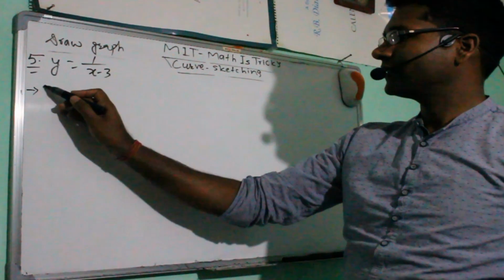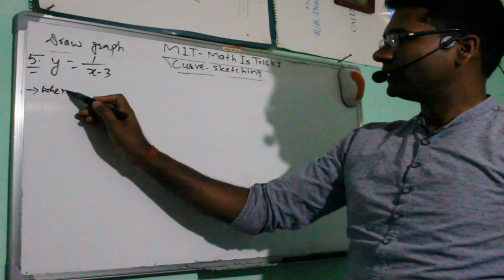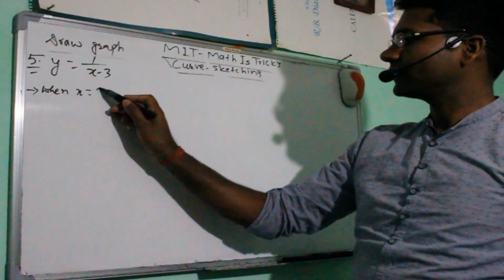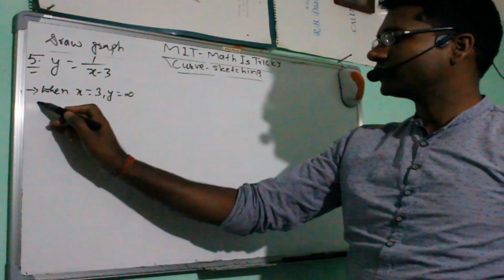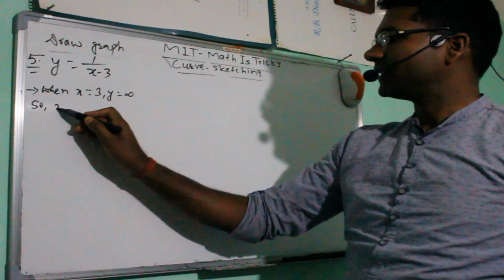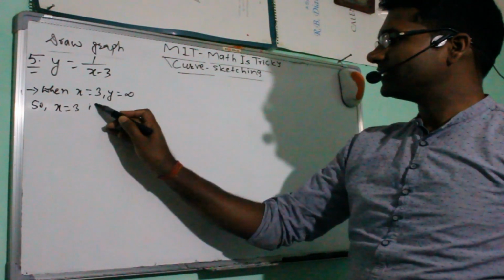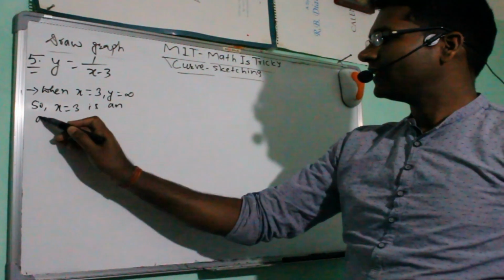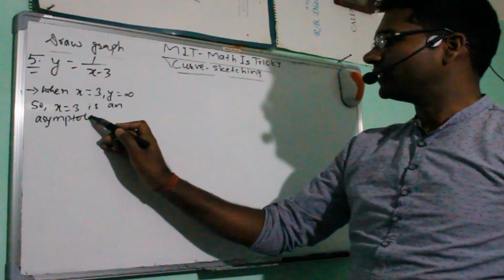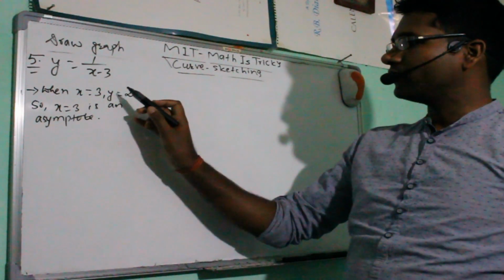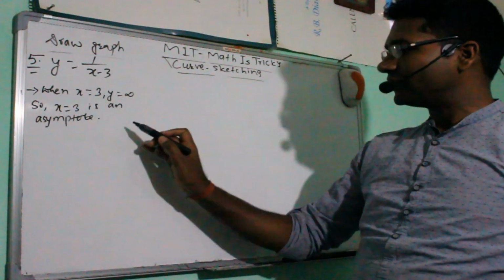Or first, when x equals 3, y equals infinity. So x equals 3 is an asymptote. That means the curve will meet x equals 3 at infinity.